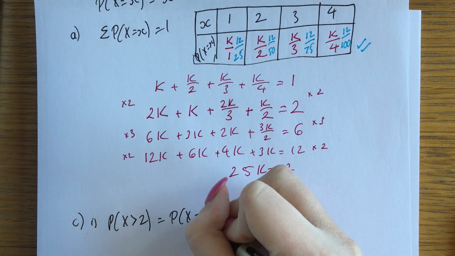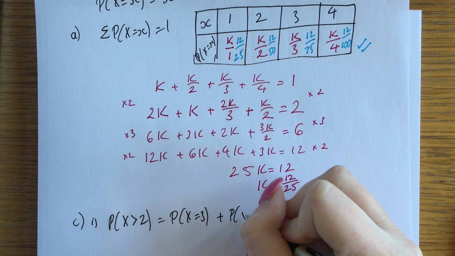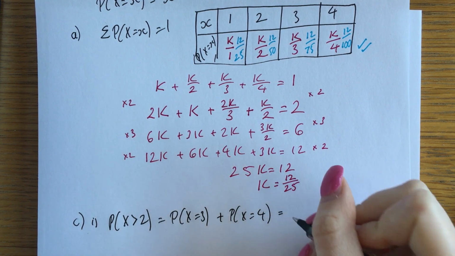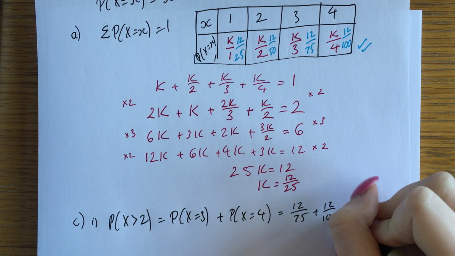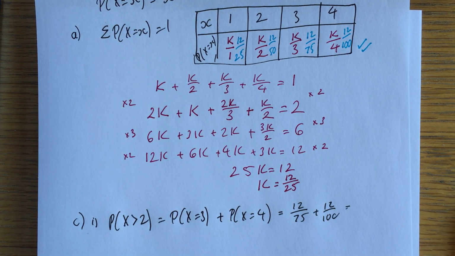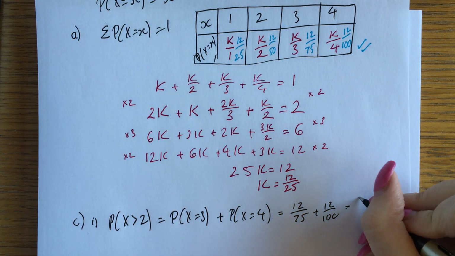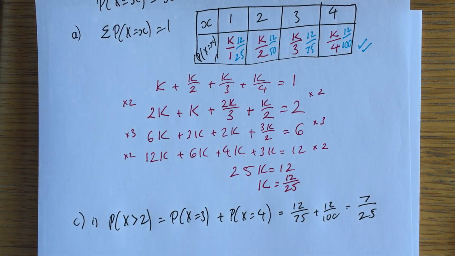So the probability that x is 3 plus the probability that x is 4. So that's 12 over 75 plus 12 over 100. We are not going to worry about doing fractions by hand. We're just going to type them into our calculator. 7 over 25.